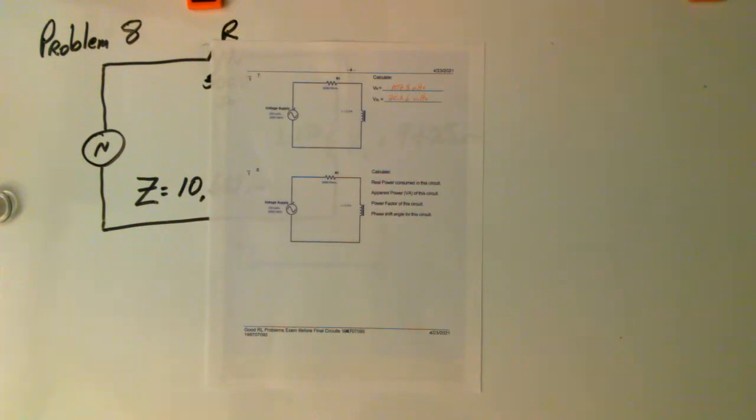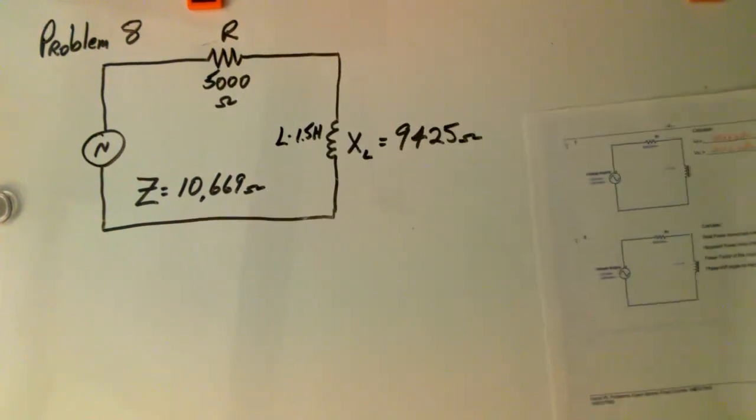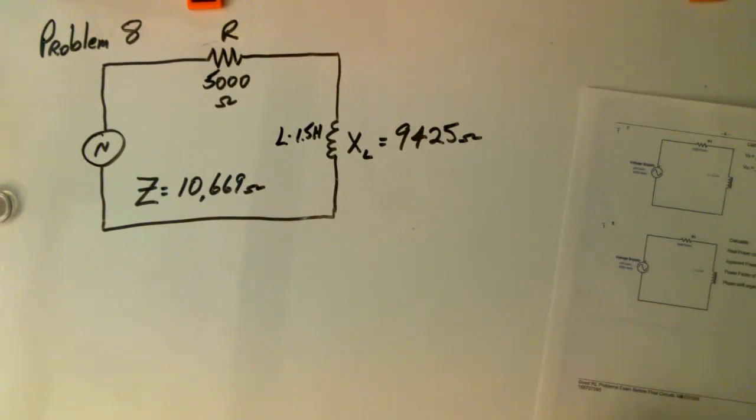It is asking us to calculate the real power in the circuit, the apparent power of the circuit, the power factor of the circuit, and the phase angle for this circuit. So let me go ahead and add a few more things that I thought were trivial, but they're not.